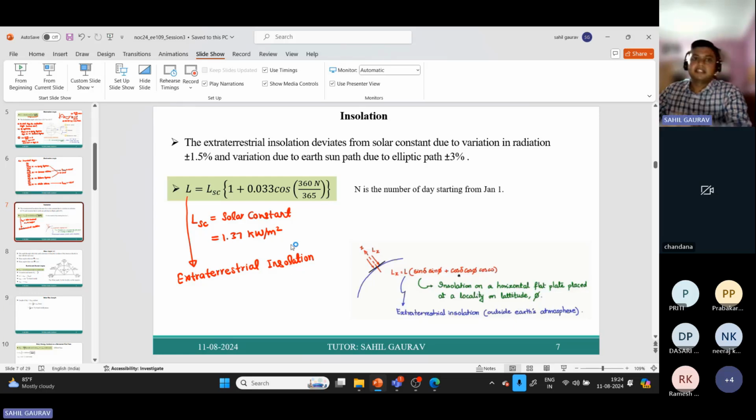If we see this insolation, it has a specified power, whose unit is kilowatt per meter square. But irradiance is electromagnetic waves, and there are many different types of irradiance. But this insolation term is related to solar.